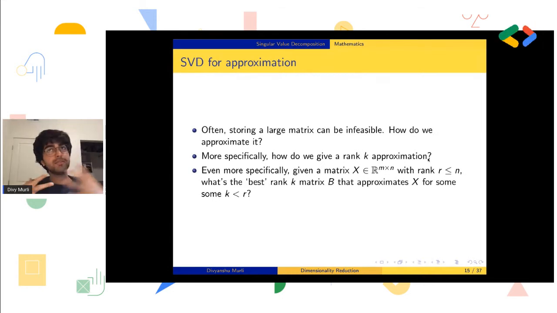And even more specifically, if we're given an m by n matrix X with rank r, where r can be less than or equal to n, what is the best rank k matrix B that approximates X for some k? Now, of course, I'm being vague here, because what do you mean by best?